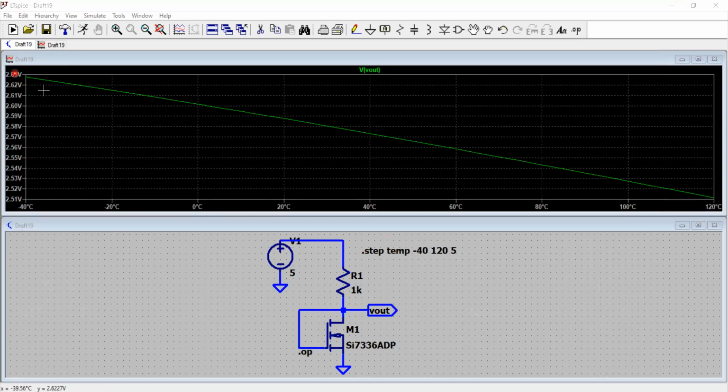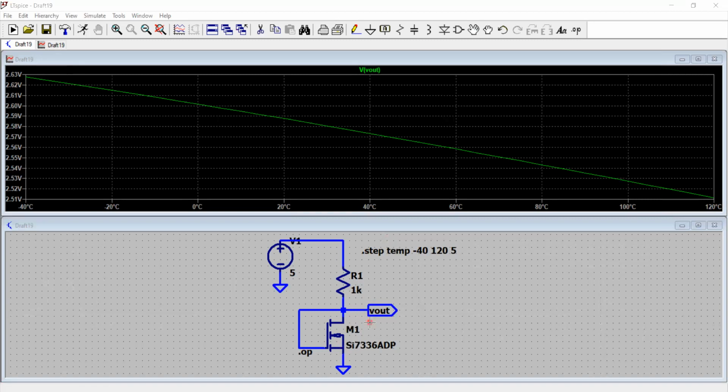You see that the generated voltage at room temperature is about 2.59 volts. And if you make a sweep from -40 to 120 degrees centigrade, it varies from about 2.63 volt to 2.51 volt. So that's how the generated reference of the MOSFET behaves.